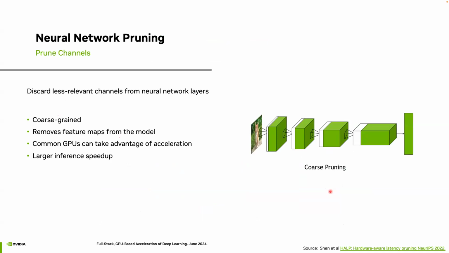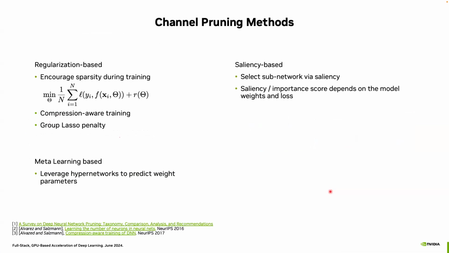It makes the layers slimmer and directly leads to a smaller network, so common GPUs can take advantage of the acceleration, and we can potentially get a larger inference speedup. There are many different algorithms to achieve channel pruning, and from the literature, the methods can be categorized in different ways.